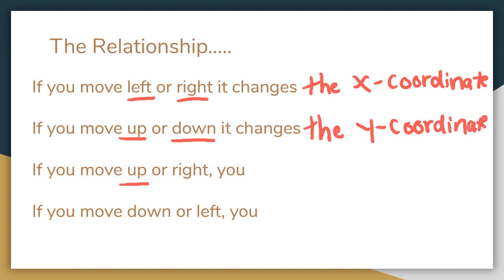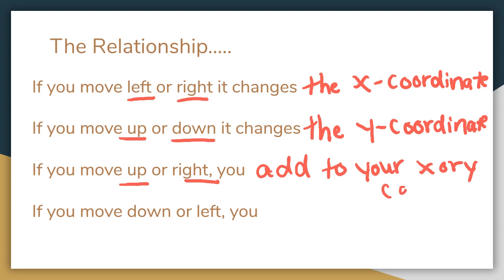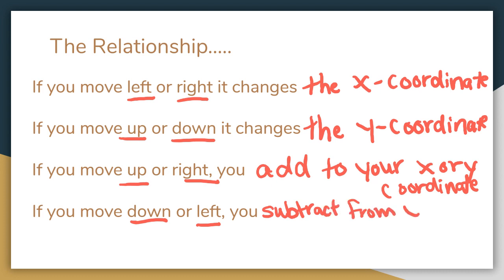So if you move up or right, you're going to add to your x or y value. If we go down or left, you subtract from your x or y coordinate. So that's the relationship that exists.